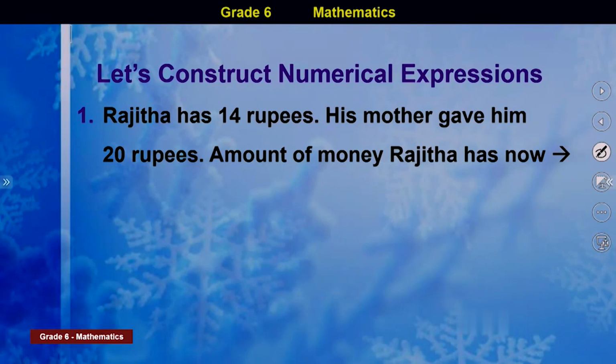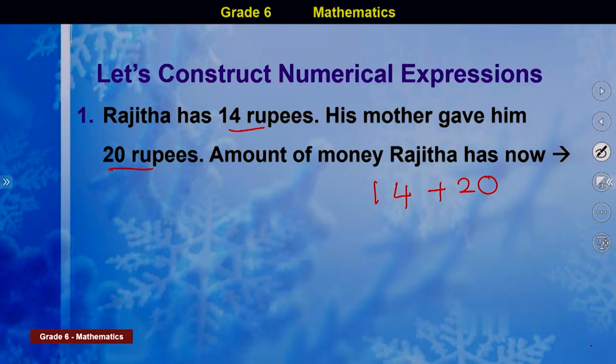Find the amount of money Rajitha has now. Then to get the total amount that Rajitha has, we have to add the two numbers.